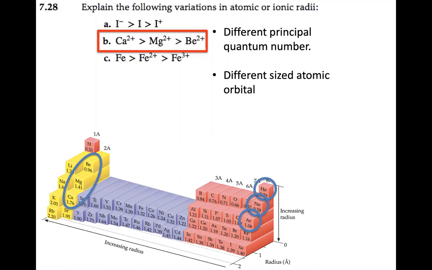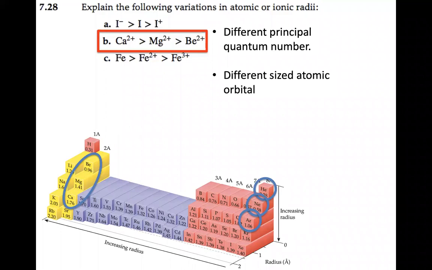The difference in the size then can't be based on the effective nuclear charge. It must be based on the orbitals that we're putting them in, n equals 2 versus n equals 3 versus n equals 4. So it wasn't the charge that they were experiencing. It was the orbitals that they were originally placed in.